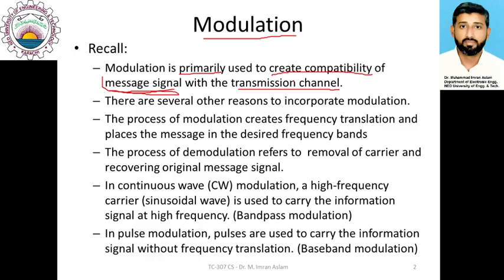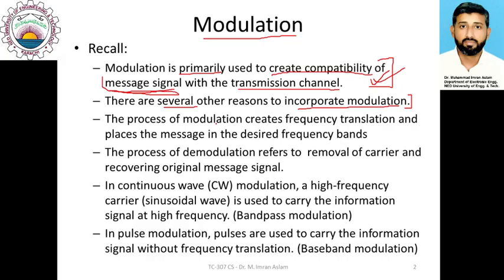However, we have previously discussed that there are several other reasons which encourage us to incorporate modulation in the system. So this is not the only reason, although in most cases you would see the modulation performed to create the compatibility, but in many cases there are several other reasons as well.